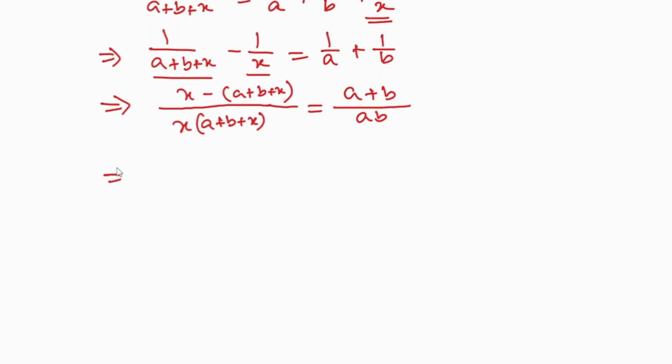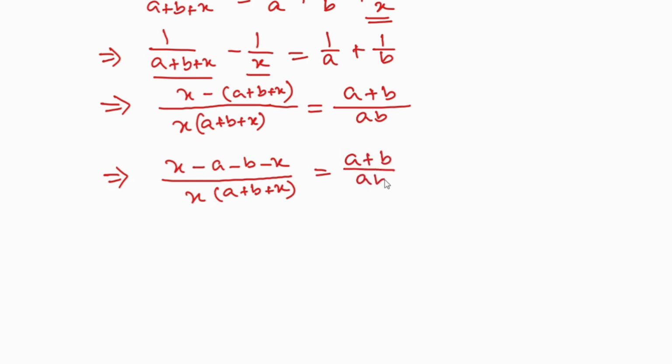Removing the bracket, we get (x - a - b - x) divided by x(a+b+x) equals (a+b) divided by ab. Here plus x and minus x cancel out.